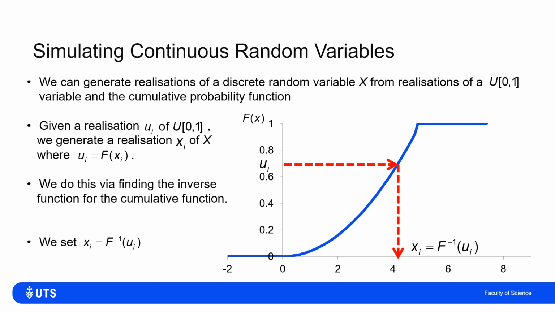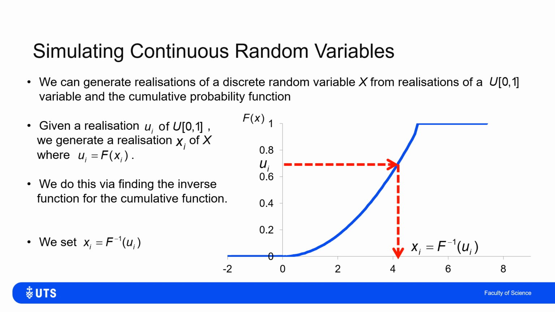So I don't know at this stage what the variable's value x is, but I pick a uniform point, and in this case I pick about 0.7. So I want the point which is at the 70th percentile of the cumulative function. So I want to read the graph backwards, if you know what I mean.